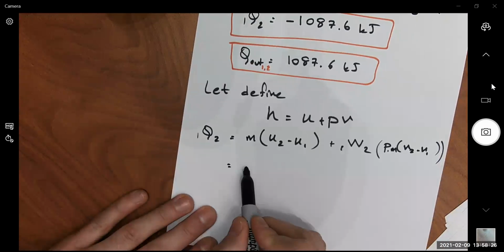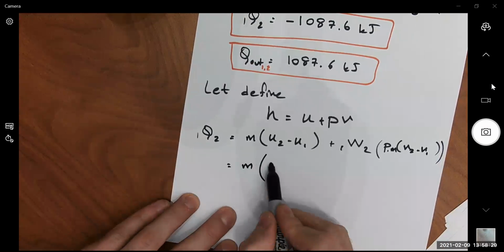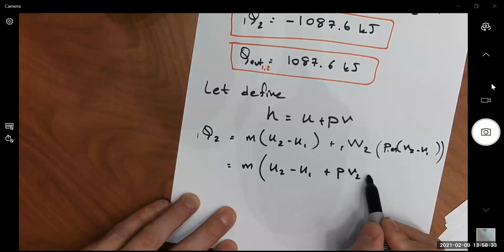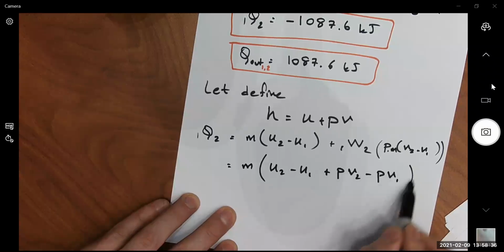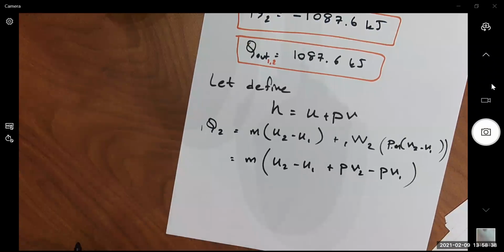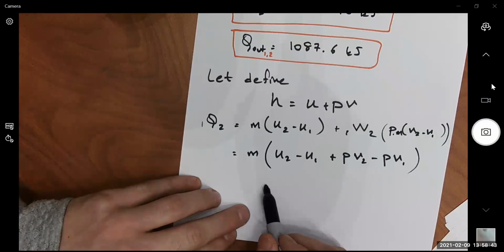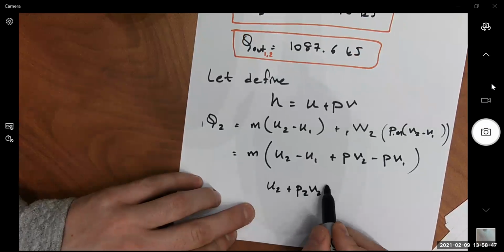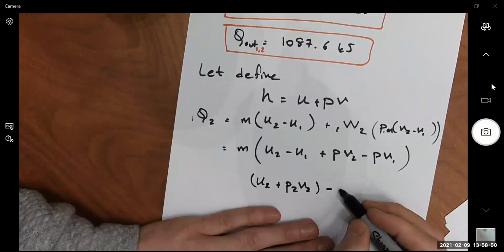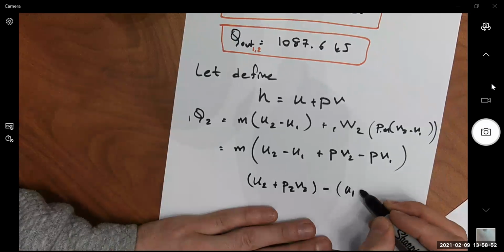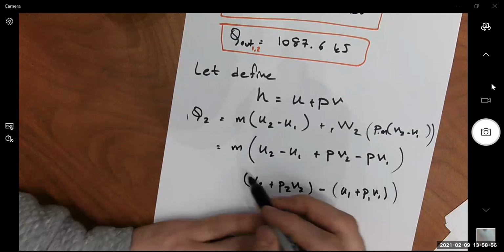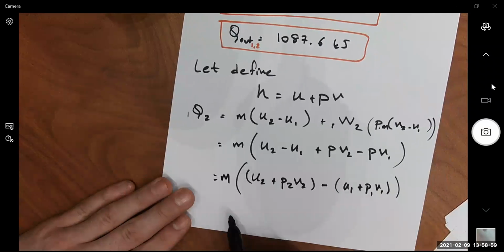If you take this into common parentheses, with the mass, we get U2 plus P2 V2 minus U1 plus P1 V1, times mass.